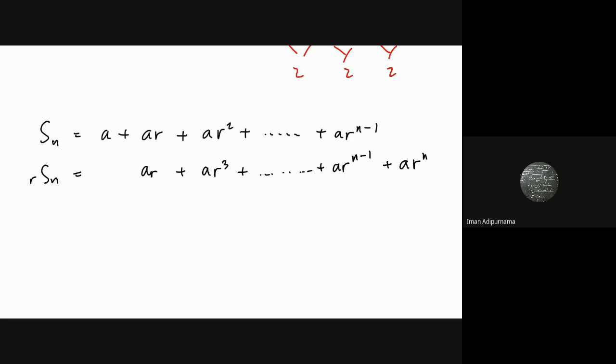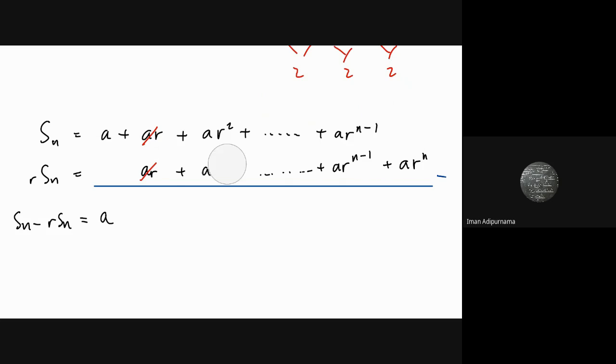And we try to subtract this. So this becomes Sn minus r Sn equals a, which is still a. And this part will be cancelled. Oh, sorry, this one cancels, and all of this cancels.